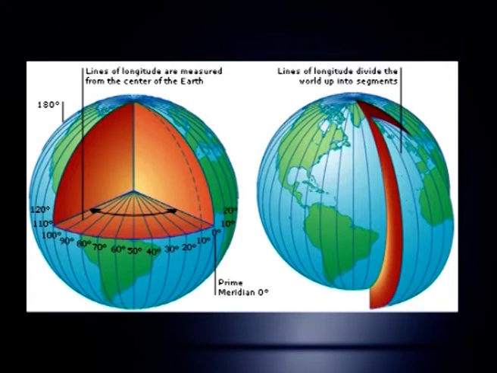Lines of longitude run perpendicular to the equator and converge at the poles. The reference line of longitude, that is the prime meridian, runs from the north pole to the south pole through Greenwich, England. Subsequent lines of longitude are measured from 0 to 180 degrees east or west of the prime meridian.